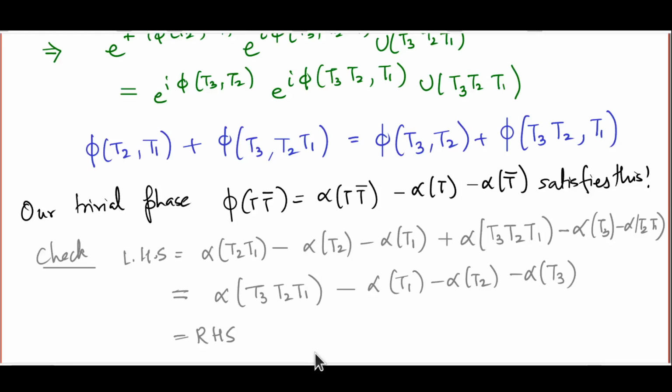Going back to the question of whether we can get rid of this phase factor in a projective representation or not, let me put it this way. If there exists a function alpha(t) such that the phase factor phi(t2, t1) differs from 0 by alpha(t2 t1) minus alpha(t2) minus alpha(t1), then the phase factor essentially is the same as 0.